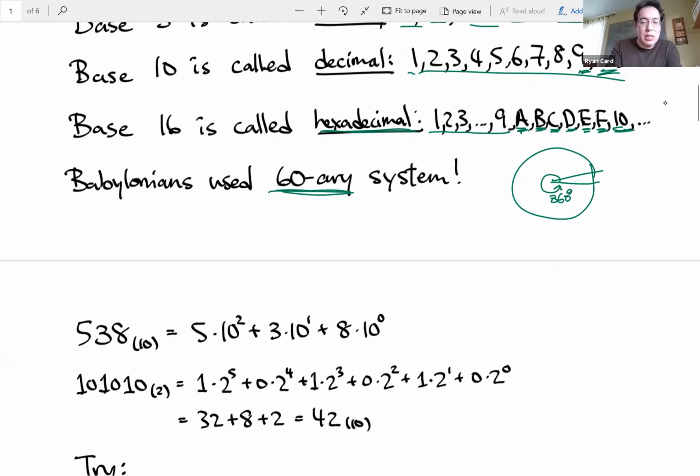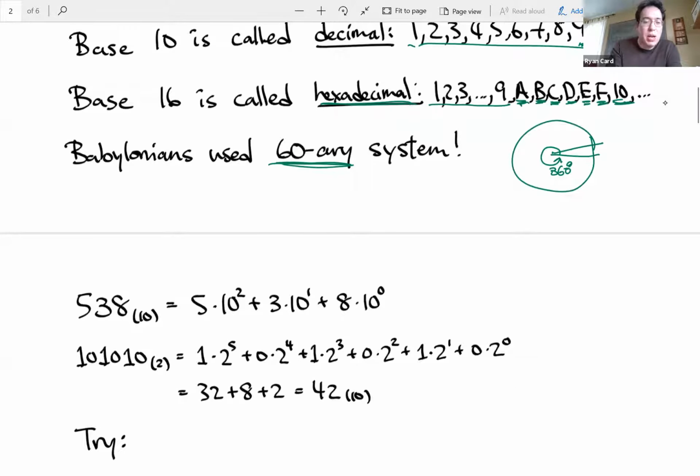All right, so let's practice using these notations. So when we write down a number, to distinguish this number from other bases, if you wanna indicate that we're writing in a different base, in subscript, we might write down in parentheses what's the base we're using. So if I write 538 with base 10, this is how you might write that. And the real meaning behind this number is that I'm adding different numbers of different powers of 10.